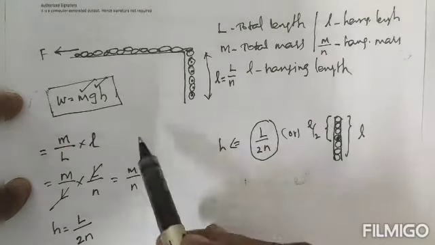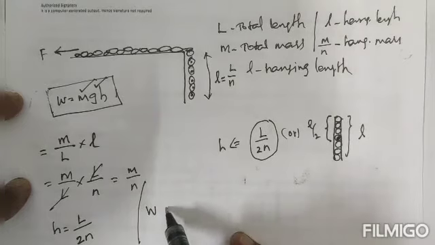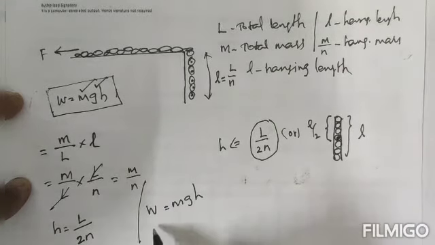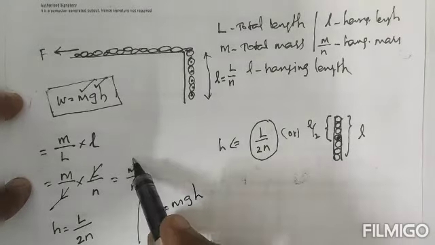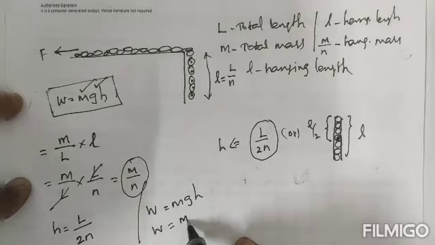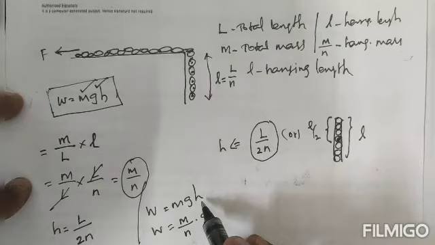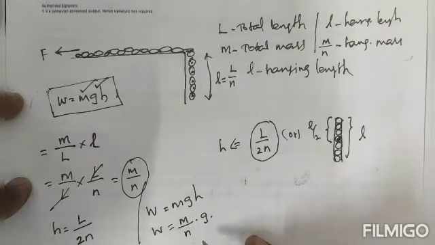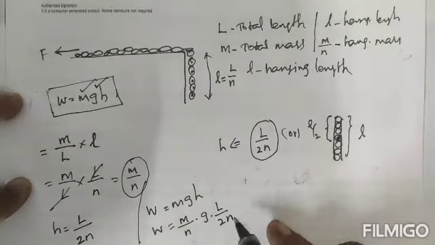Now we can consolidate this value. Work done is equal to mgh, the common formula. We can modify it: m is the total mass of the chain, but we need the hanging part mass. The hanging part mass, you already know, is m by n, into gravity as usual, and then h is nothing but the length of the hanging part, which is L divided by 2n.